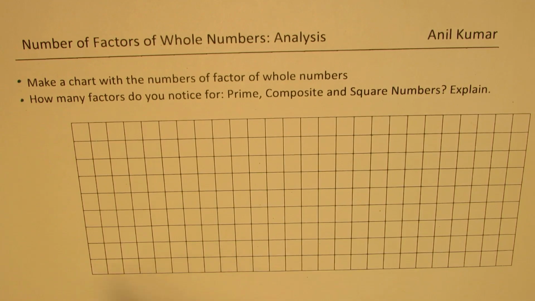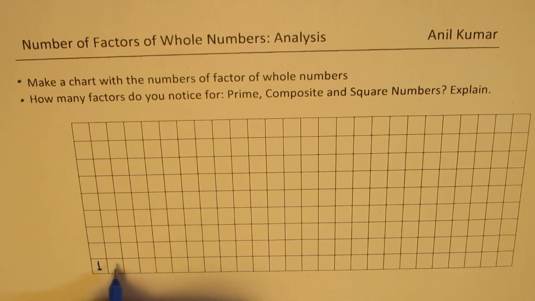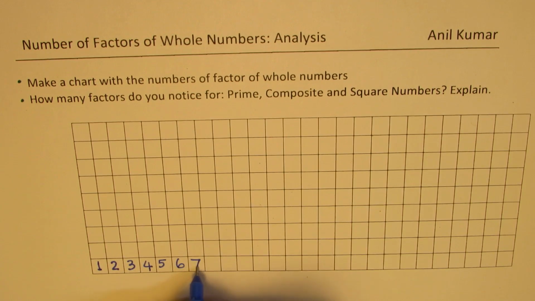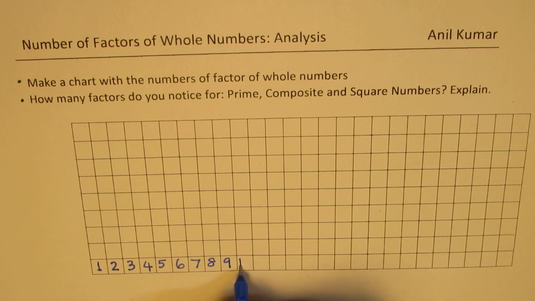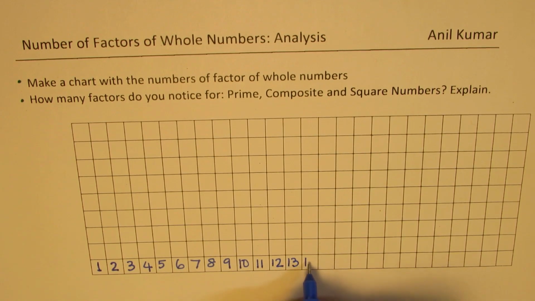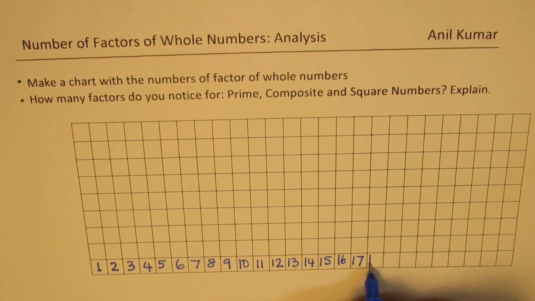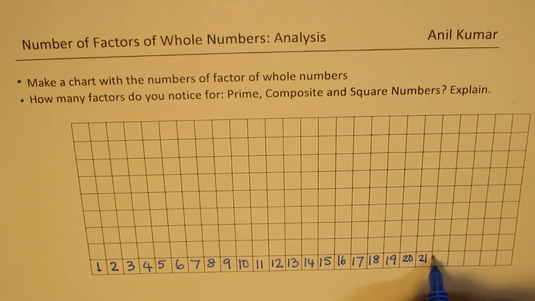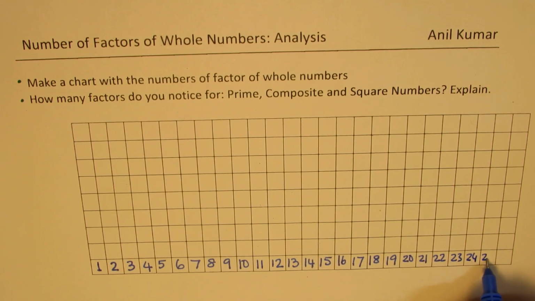We'll take a few numbers. Let's write down how many come here, right? 1, 2, 3, 4, 5, 6, 7, 8, 9, 10, 11, 12, 13, 14, 15, 16, 17, 18, 19, 20, 21, 22, 23, 24, 25, and 26.